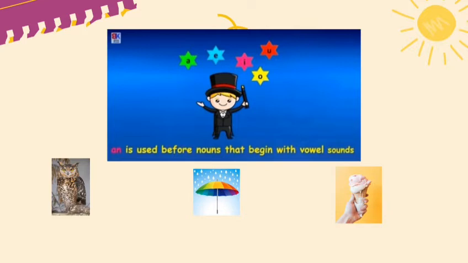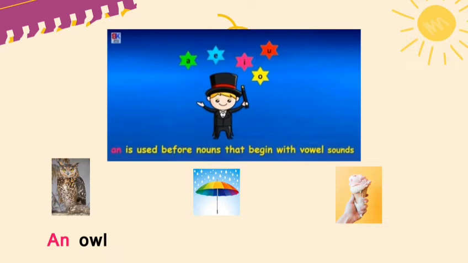As you can see here in the pictures, the first one is owl. O-W-L, owl. The beginning sound is O and O is a vowel. So we write an owl.